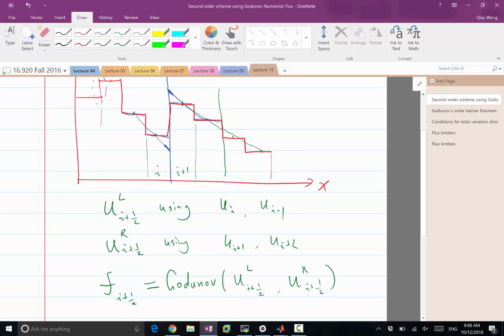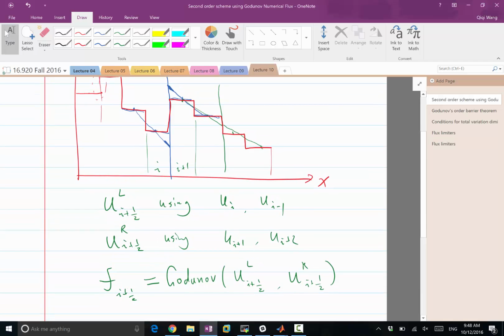So I end up computing the flux using 4 cells instead of 2 cells, and that gives me a more accurate second order solution. How we perform this reconstruction is what we are going to be discussing today.